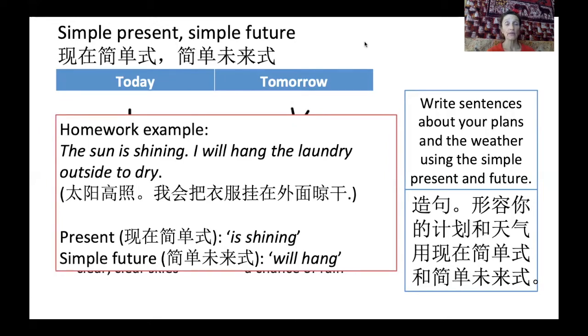Okay, so in the first sentence, the present tense is another verb phrase, the 动词短语, and that's is shining. The simple future is will hang. So I hope you tried it. And if you have any questions, you can always send questions. Use WeChat to send questions. 你有问题，你可以用微信送给我们你的问题.